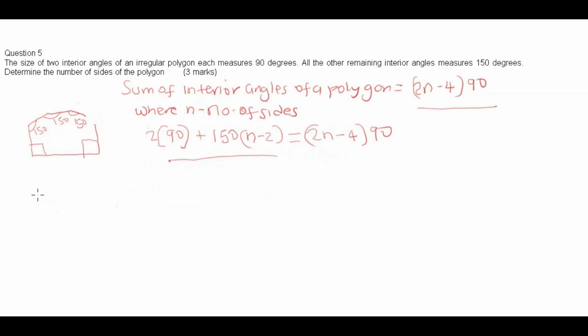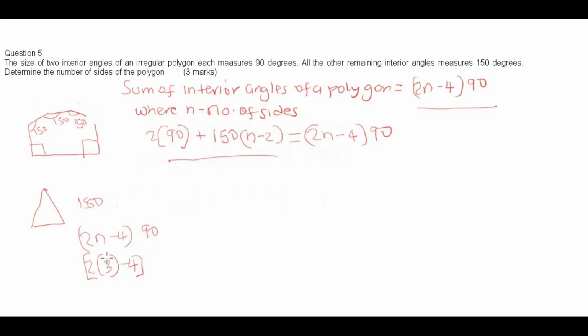Take for example a triangle. We know that a triangle has three sides. If you want to prove that the formula works, we know that the sum of the angles of a triangle is 180. So let's prove it. The sum of the interior angles is (2n minus 4) times 90. Let's equate n to 3 and see if it will give 180.